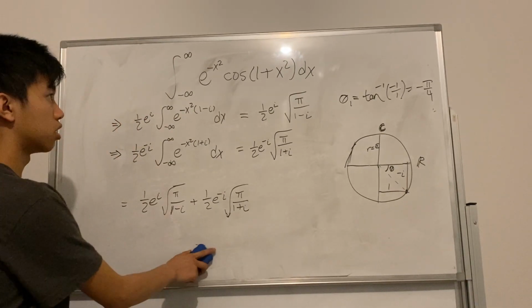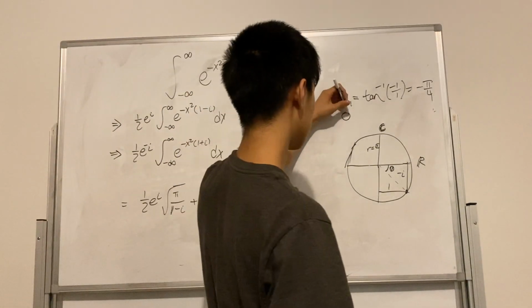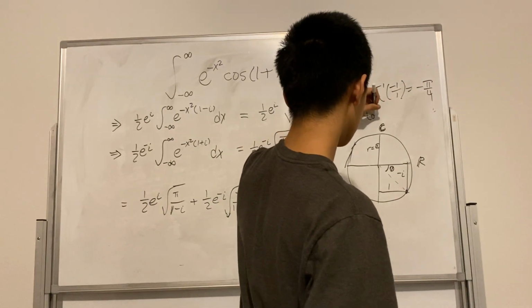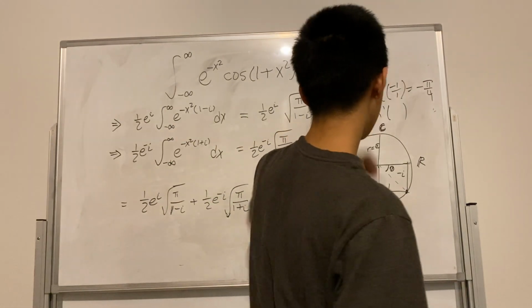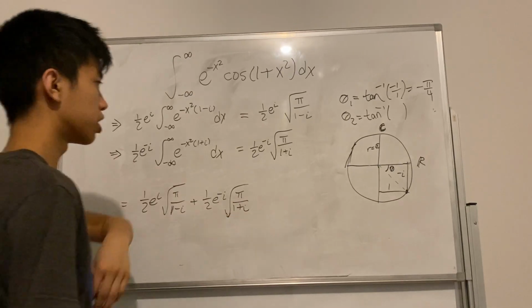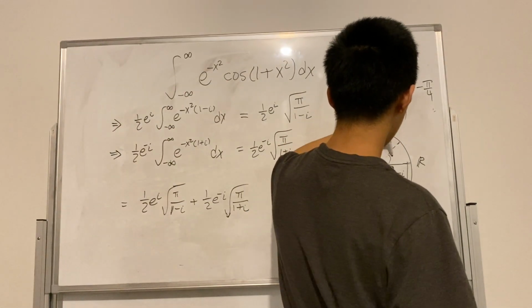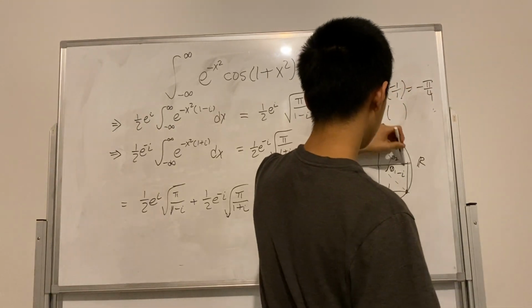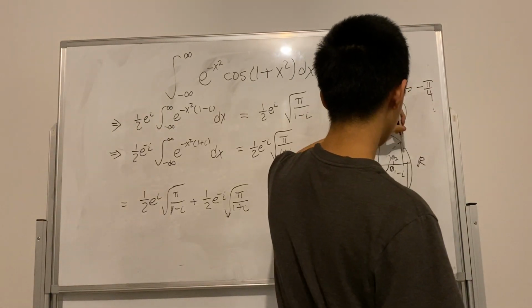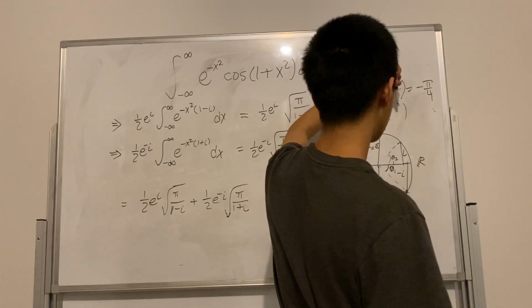Now argument 2 is going to be inverse tangent of, so it's 1 plus I here. So this time it's theta 2. It's going to be also 1 in this direction, I in this direction, so 1 over 1.